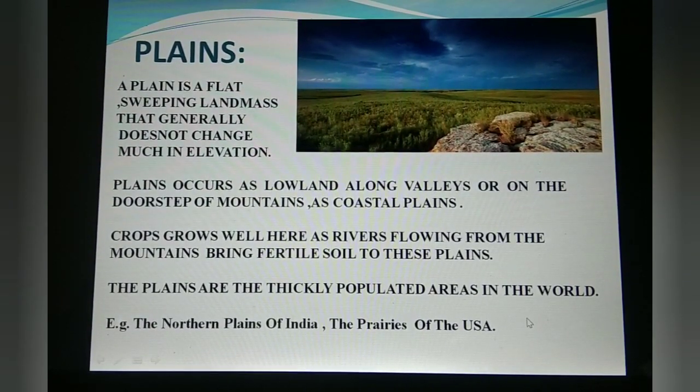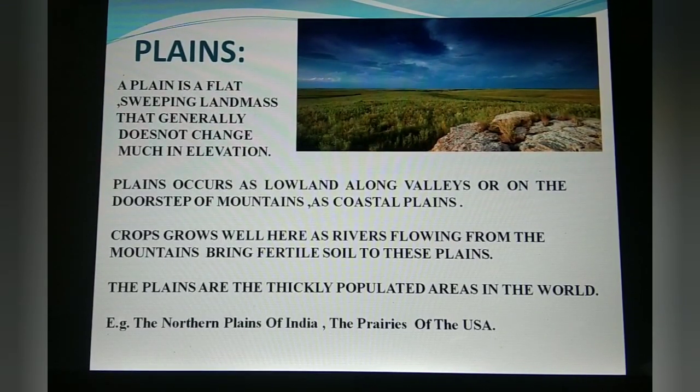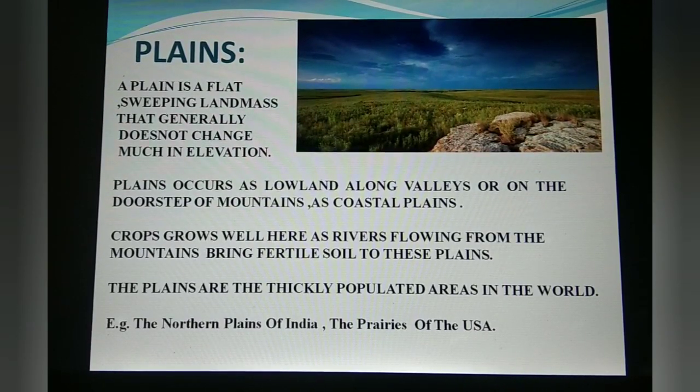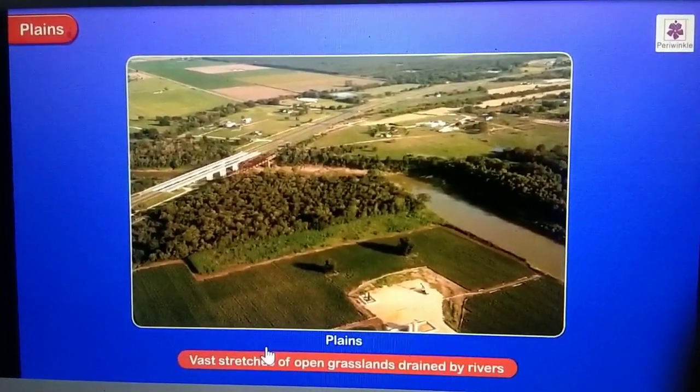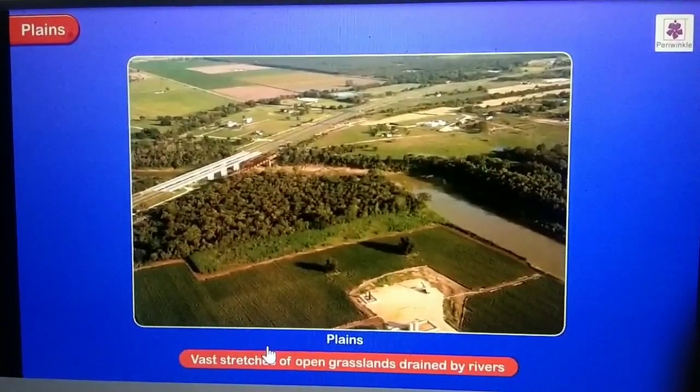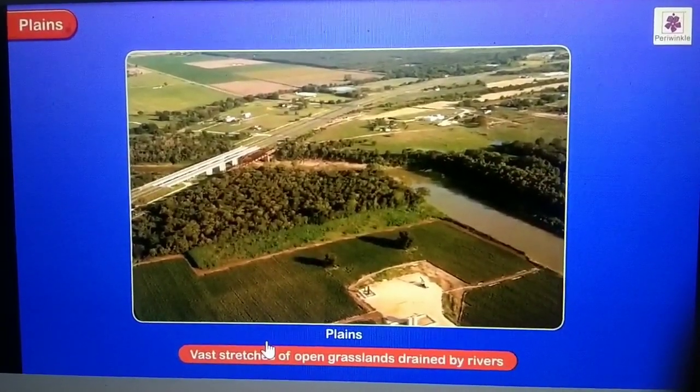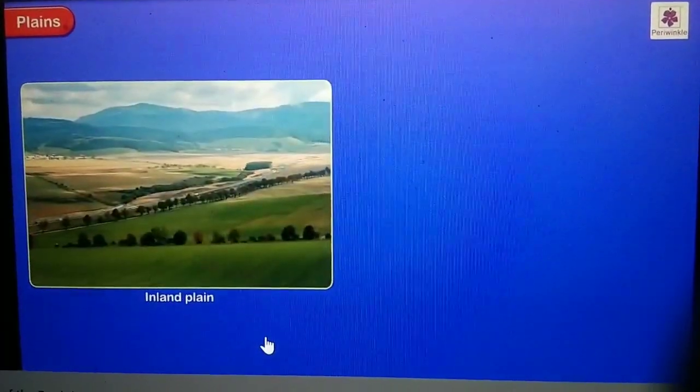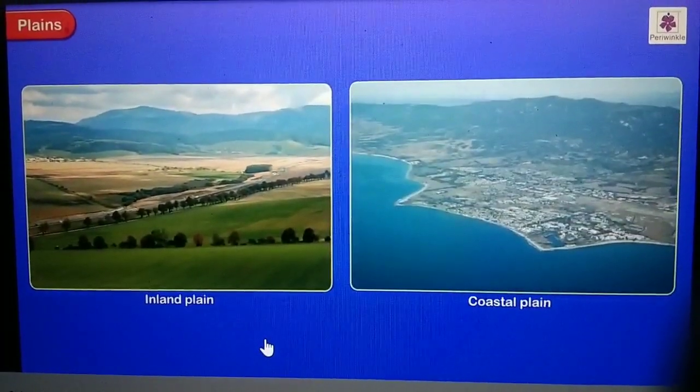For example, the northern plains of India and the prairies of the south of the US. Vast stretches of open grasslands drained by rivers. These are found inland and along the coasts.